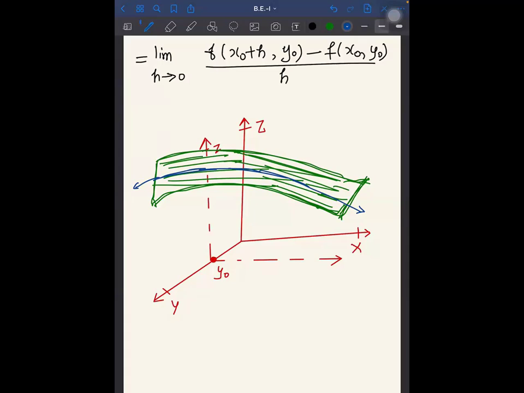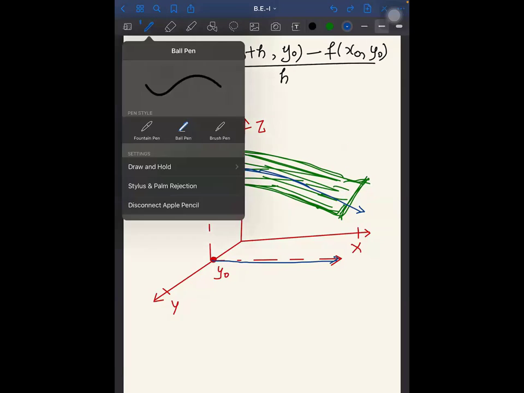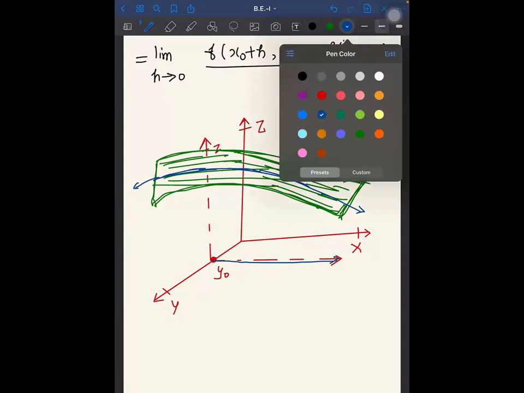So, yeah, that's what I'm saying. Let's say this is a plane. This is your plane along y naught. Okay. तो अगर इससे एक तरह से स्लाइस करो, let me choose a different color.